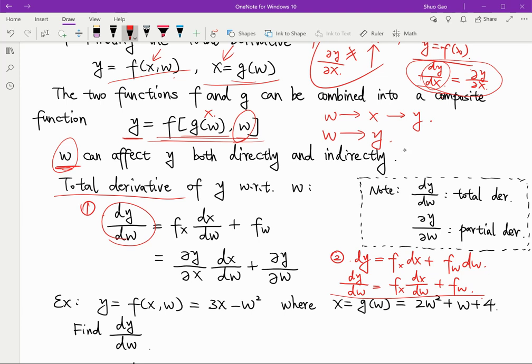The second one is just if you know this formula, we can just plug in here, right? dy over dw is fx times dx over dw plus fw. Right, so if you are really familiar with the formulas, then you can get rid of writing down the total differentials, right? You can just write down this.